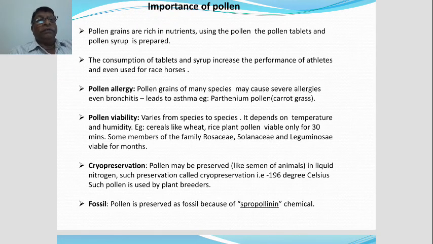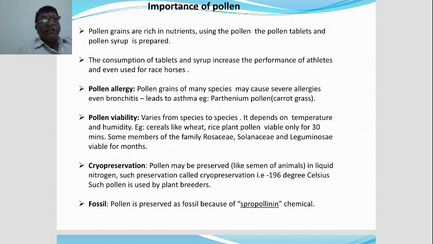The next part is importance of pollen. What is the importance of pollen? Mostly all these points are neat or CT points. The pollen grains got importance because the pollen grains are rich in nutrients.